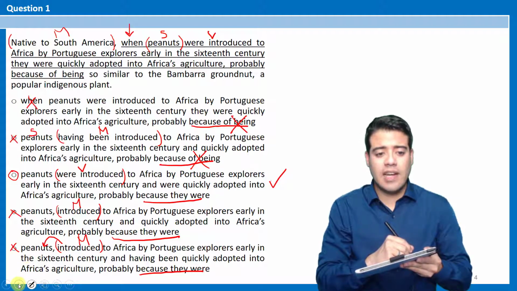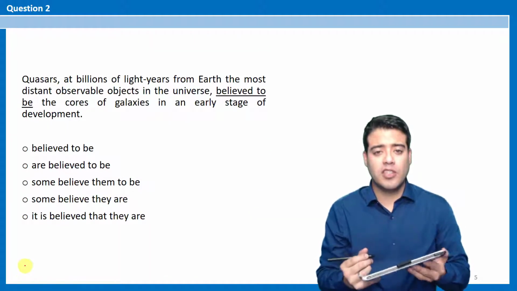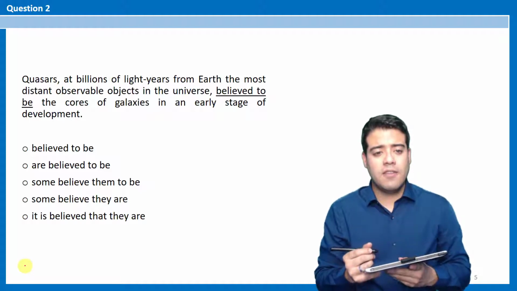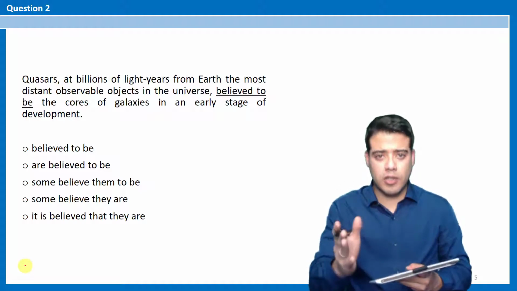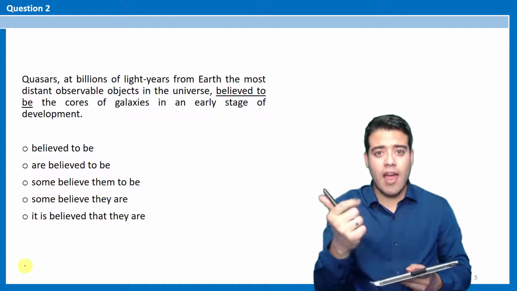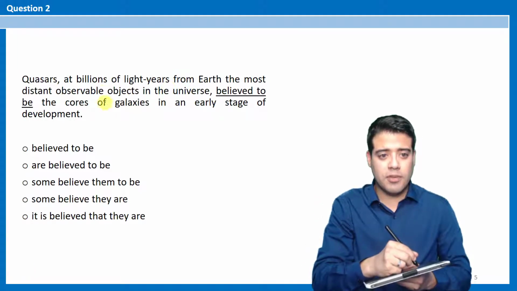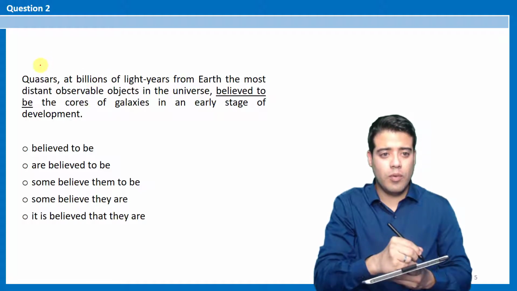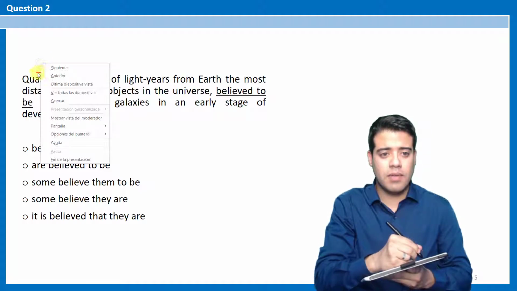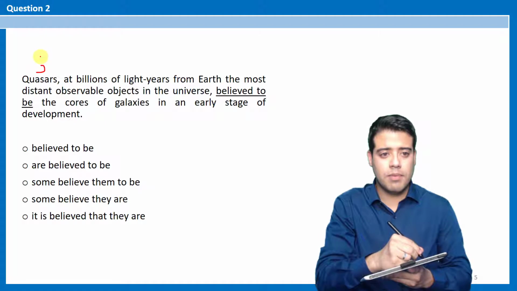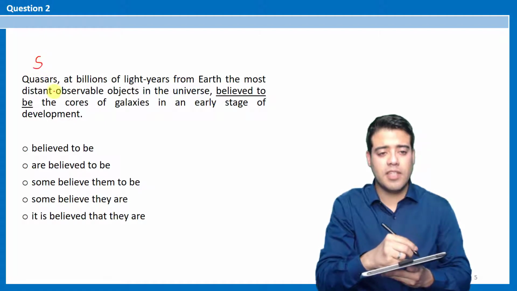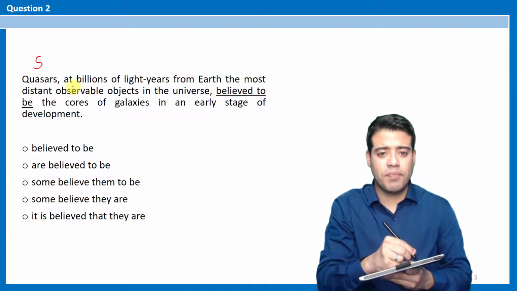Now let's analyze a different sentence. This is a shorter one, and I need you to think about the structure, the subject and the verb. Keep that in mind, okay? That's very important. So what's my subject here? Well, it is right here. Most of the time, the subject is at the beginning, right there. That's my subject. Quasars.